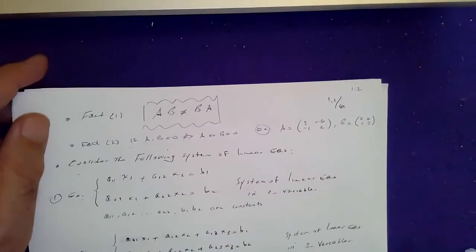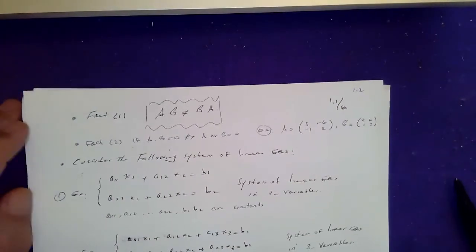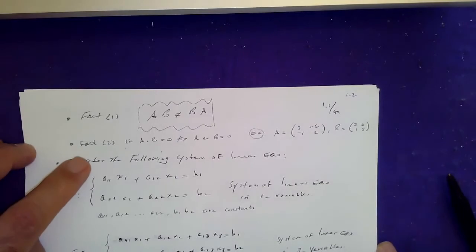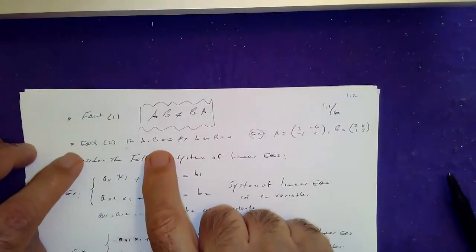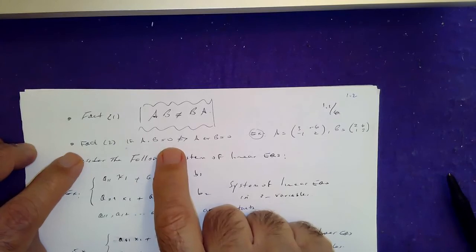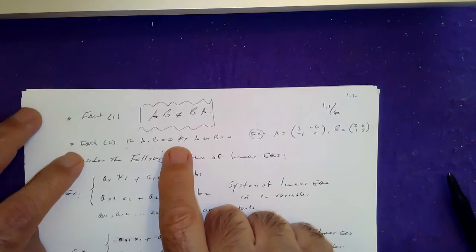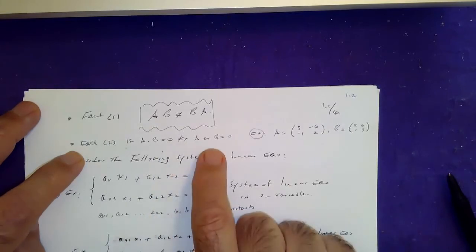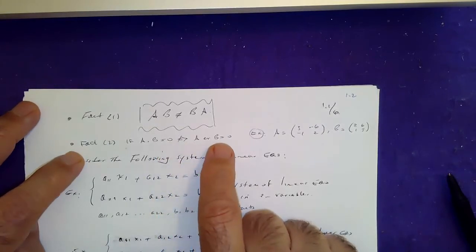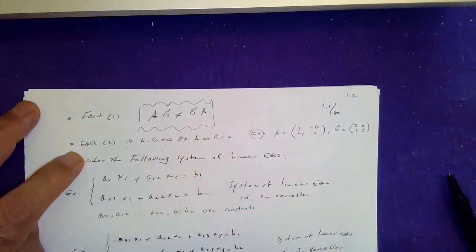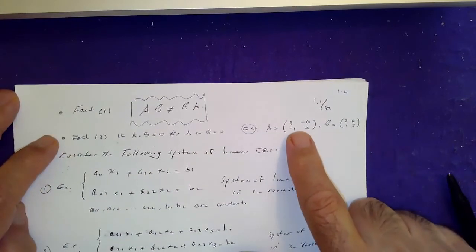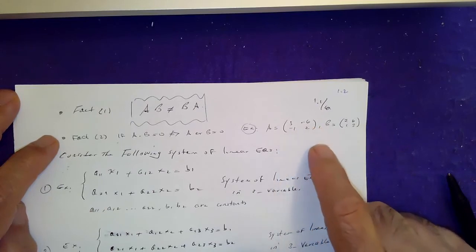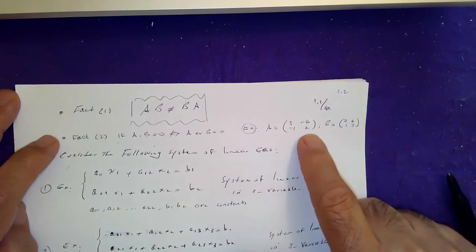One more takeaway from this ongoing story about matrix operations. If the product of two matrices happens to be the 0 matrix, of course, that doesn't mean either A or B was 0 to begin with, like real numbers. That's not true. Case in point, let's take matrix A: 3, negative 6, negative 1, 2.